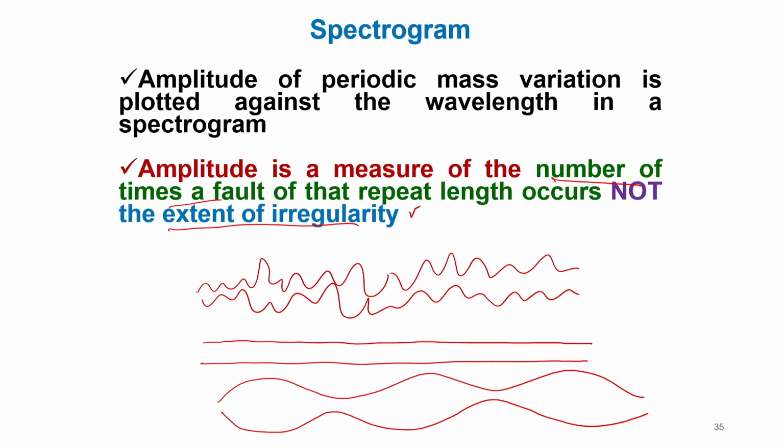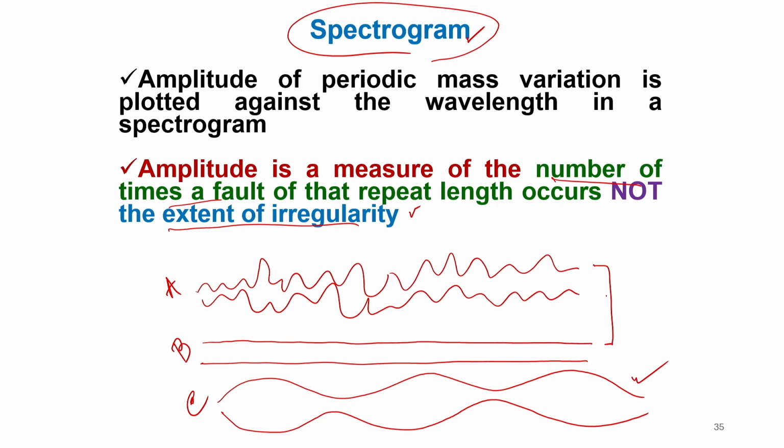Now, slivers A, B, C. For slivers A and B the spectrogram will not be useful, but when there is a periodic fault, then the spectrogram will be useful.